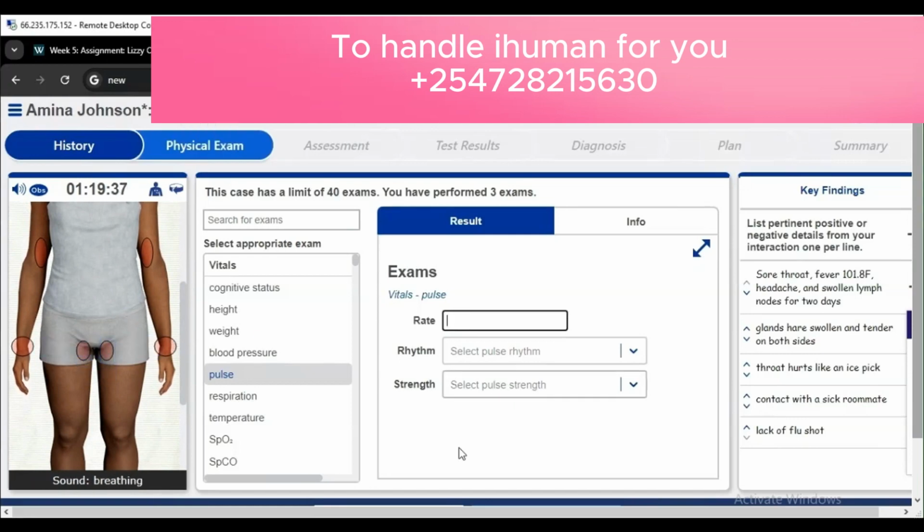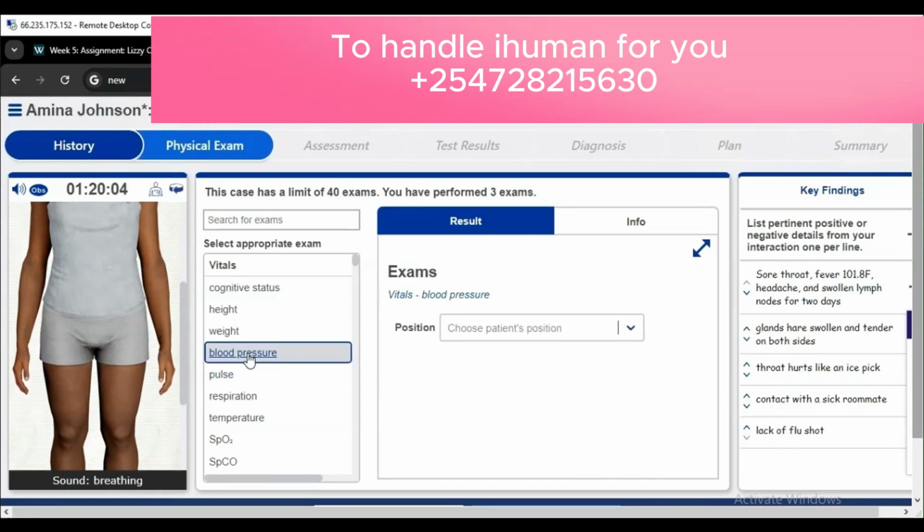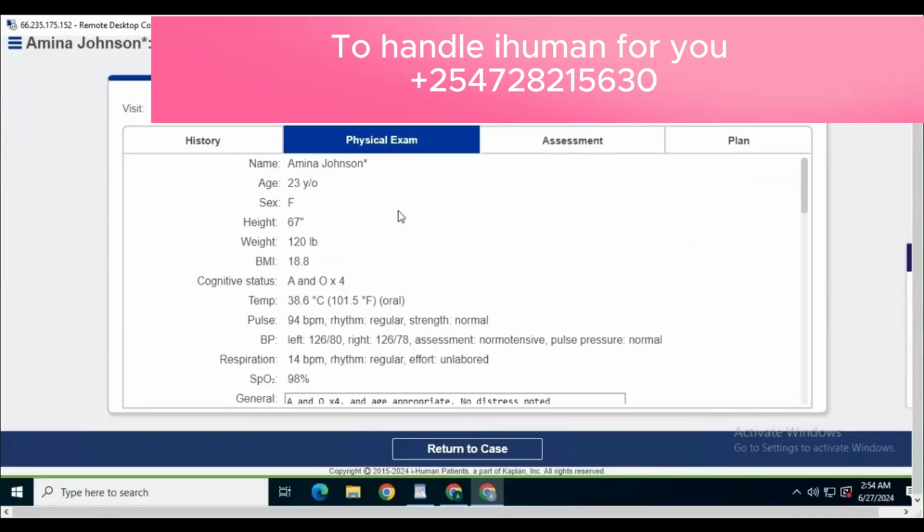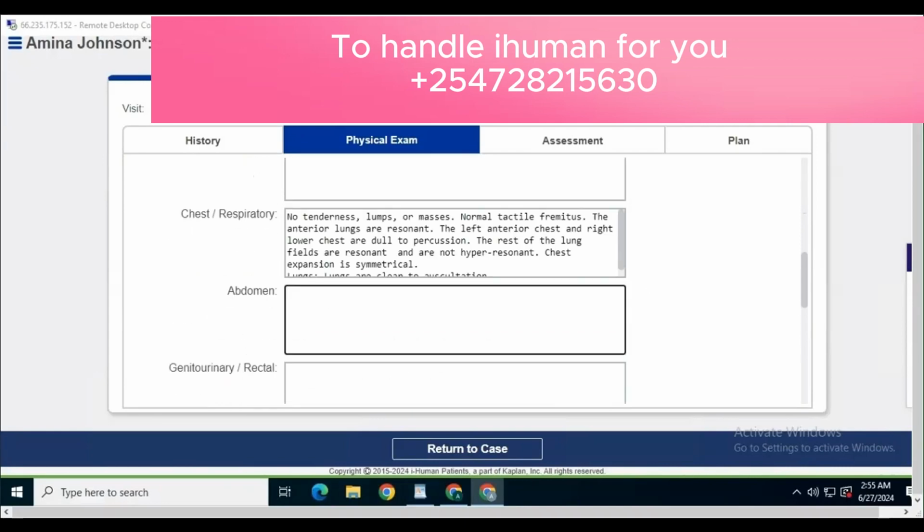So I was moving between the test and the EHR to ensure that I have the right information that I'm supposed to test.